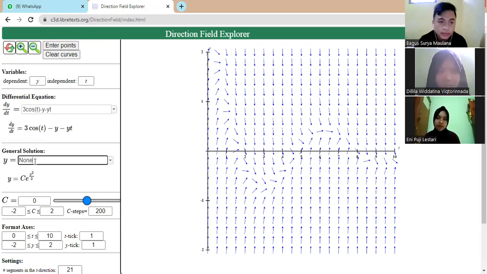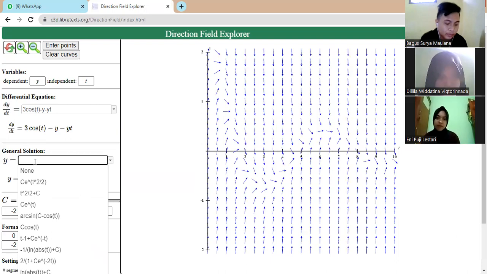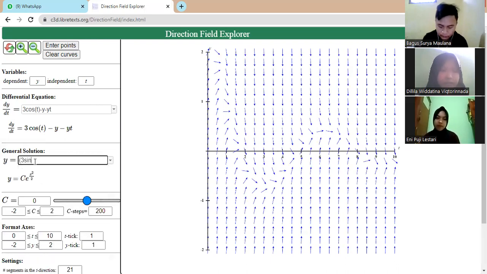The solution that we already solved in our group is y equals (3 sine t plus c), where c is a constant, over (1 plus t) to the power of 2 over 2, in brackets.